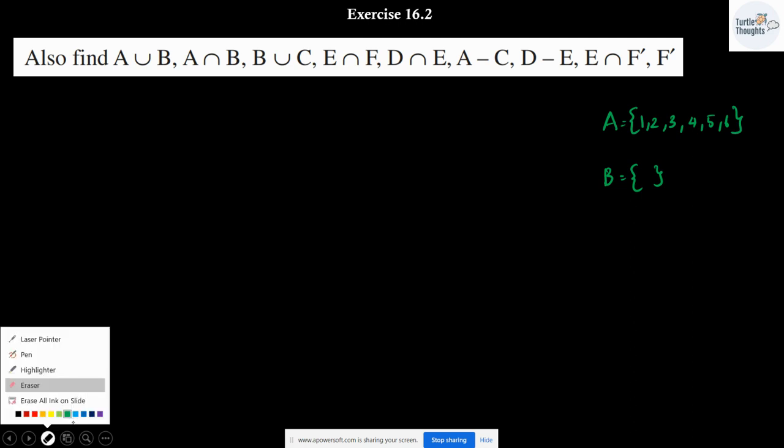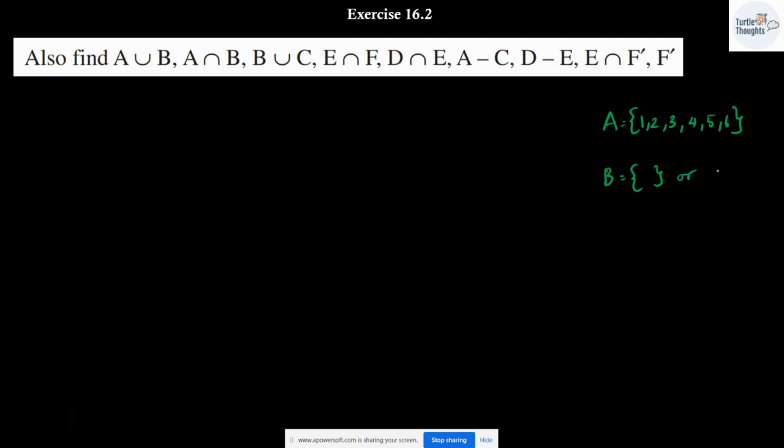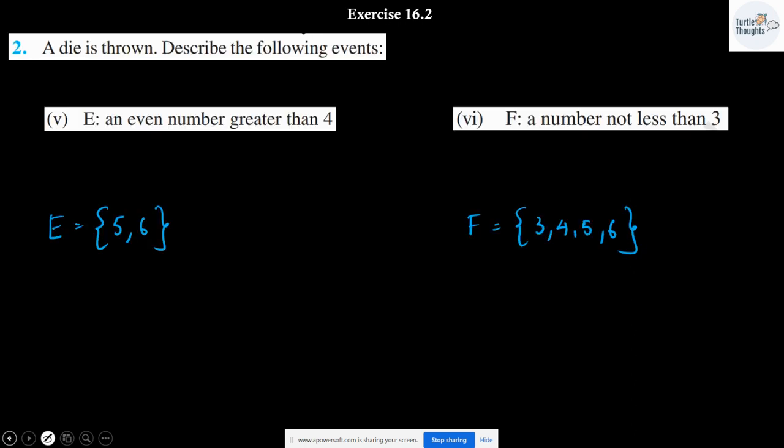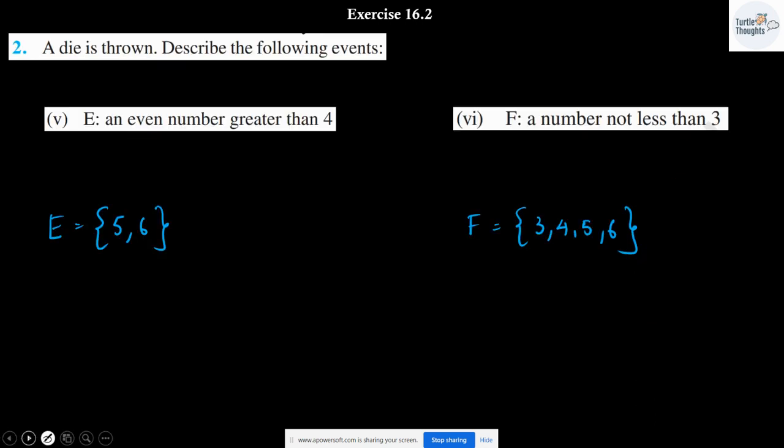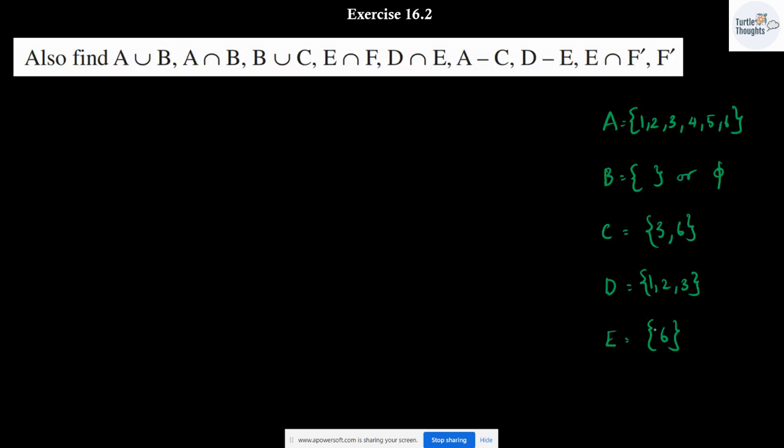C is a multiple of 3, so 3, 6. Next we have D. What was D? D was 1, 2, and 3. E was 5 and 6. Okay. Next, we have F.